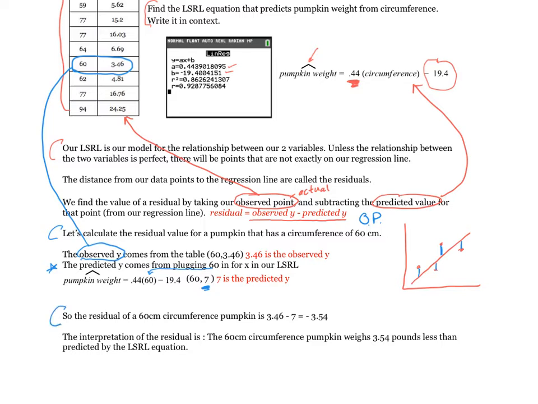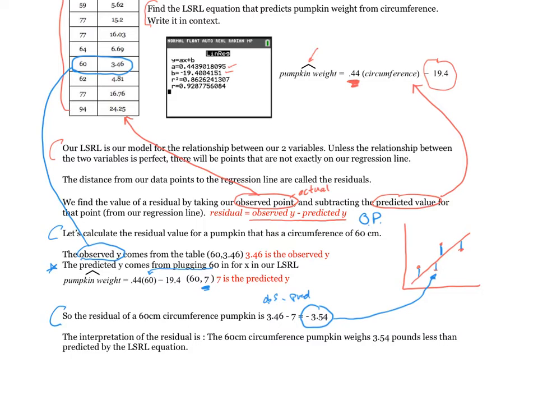So the residual of the 60 centimeter circumference pumpkin would be the observed y, or the actual pumpkin weight, minus the predicted weight. So 3.46 was the observation, 7 pounds was the prediction. The difference is negative 3.54. So what this means is that this pumpkin is one of these, where the actual pumpkin was lower than the prediction line.